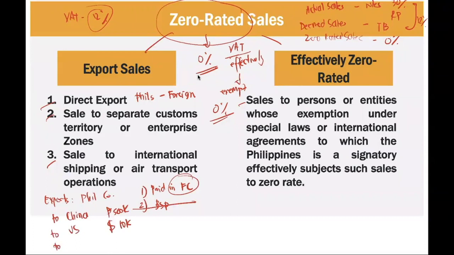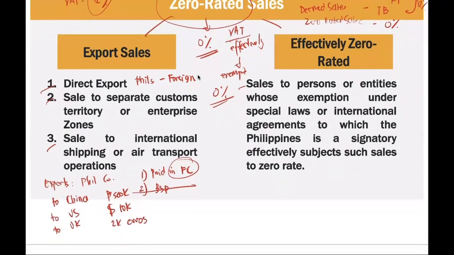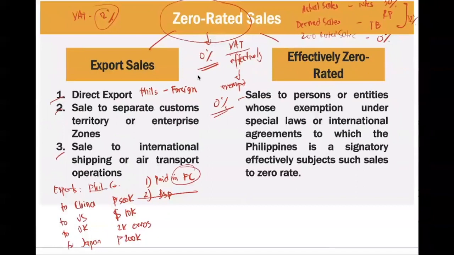To the UK, you are paid 2,000 euros. And to Japan, you are paid 200,000 pesos. So they are all considered direct export. Why? From the Philippines to a foreign country: to China, to the US, to the UK, and Japan.